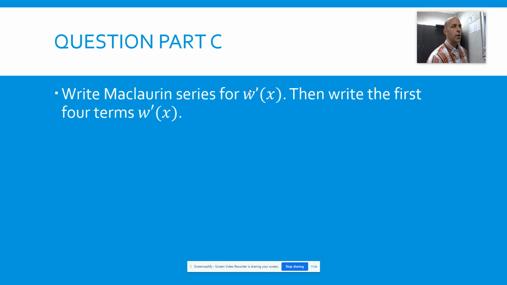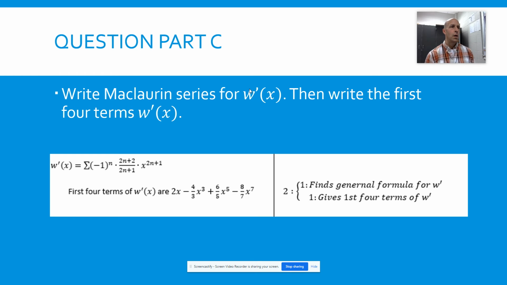Part C, write the Maclaurin series for W prime. That's kind of the big idea with all these infinite series, is that you can take, in this case, a trigonometric function, and we can write it basically as a polynomial. To find W prime, you're just going to use your power rule for differentiation, and you'll get the following series. There's the general term for W prime.